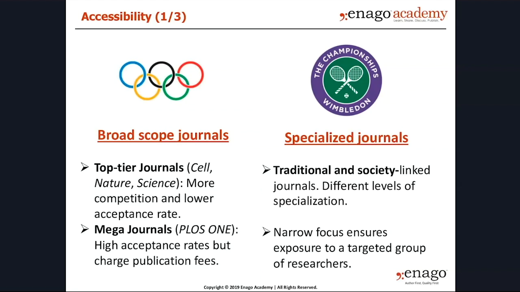The open access journals typically charge publication fees. Not all of them, but we'll get into open access specifically a bit later in the presentation. Then we have specialized journals. Some might be society journals. Some might be open for everyone.